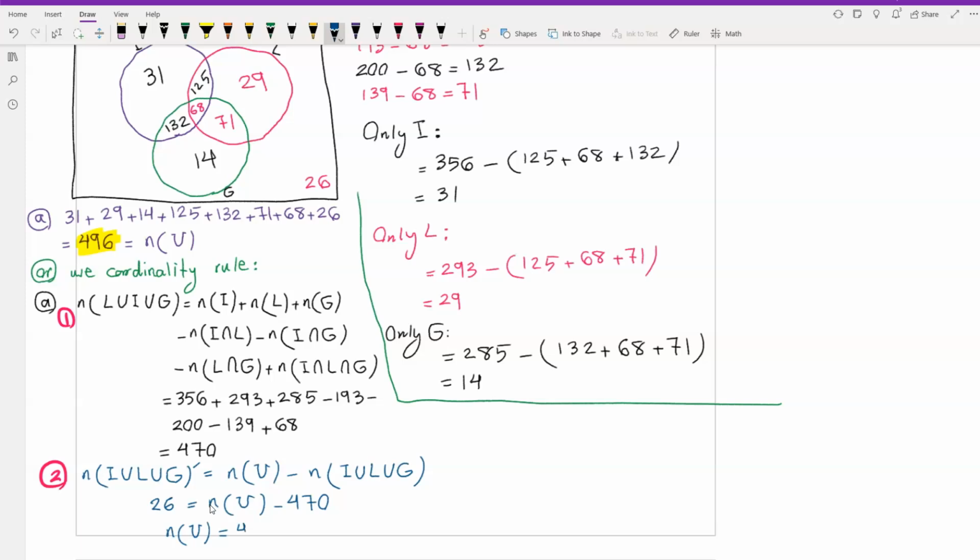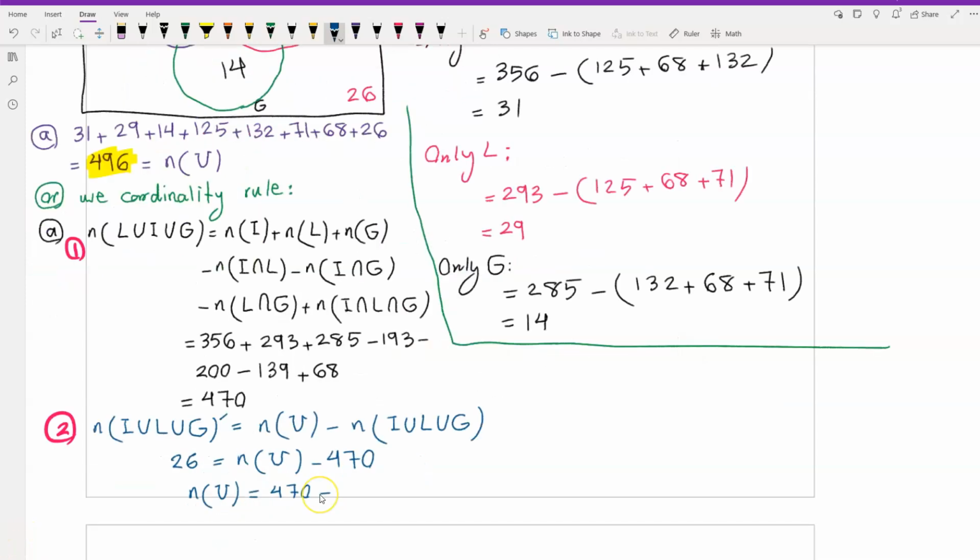So we have 470 plus 26, the answer is 496. So again, same answer for part A.